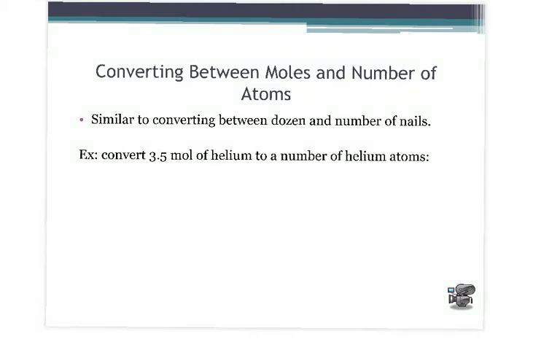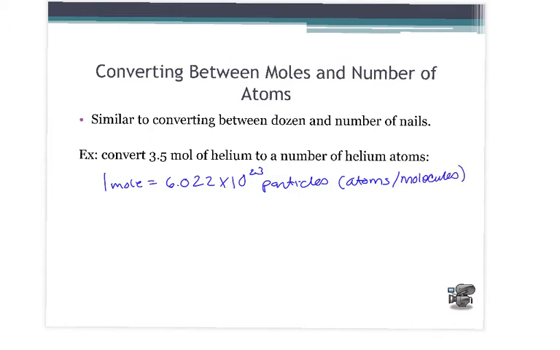In Chapter 6, we were introduced to a unit that we call the mole in chemistry. The mole is the chemist's dozen, and we know that for every 1 mole, there is 6.022 times 10 to the 23rd particles. And these particles can be atoms for individual elements or molecules for compounds, right?